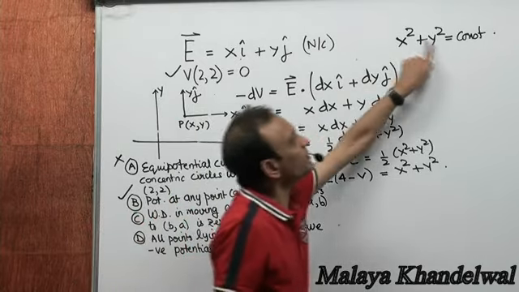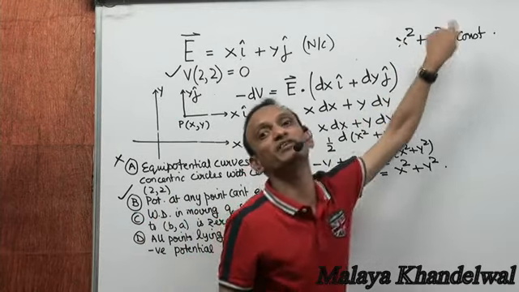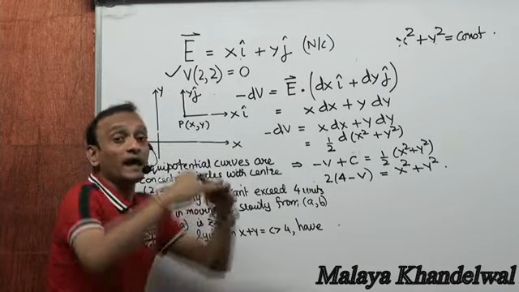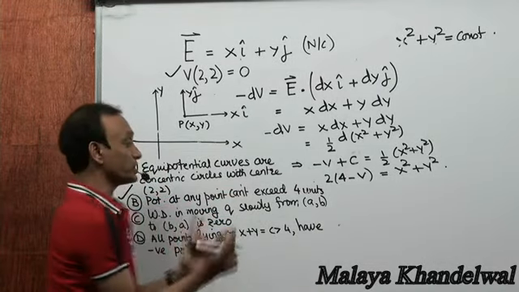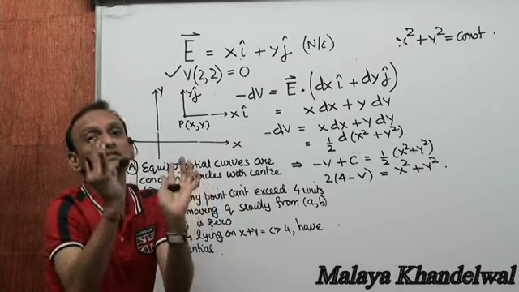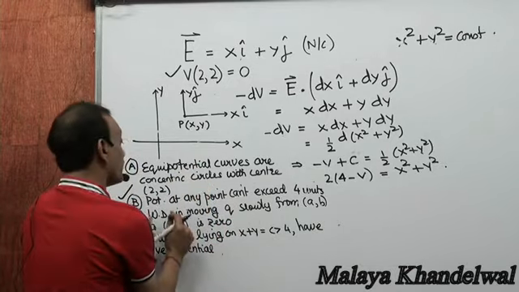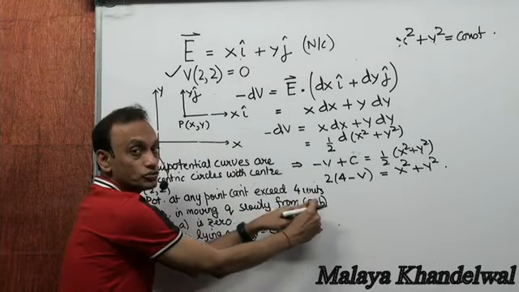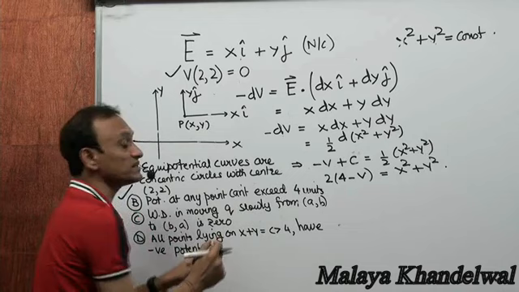So obviously if AB satisfies this condition, BA will also satisfy this condition. That means AB and BA lie on the same circle centered at the origin, and therefore the work done in moving a test charge q from AB to BA is 0.